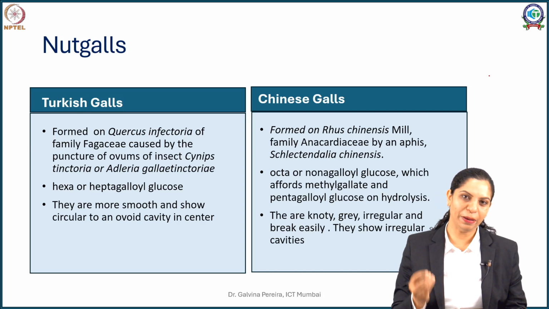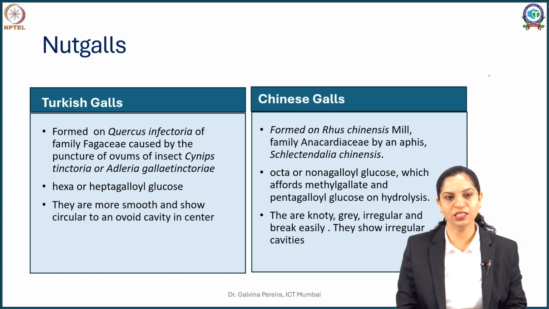Now in terms of chemical differences, here you will find the tannic acid derivative mostly as hepta or hexagalloyl glucose, and in this case you will find mostly octa or nona galloyl glucose.